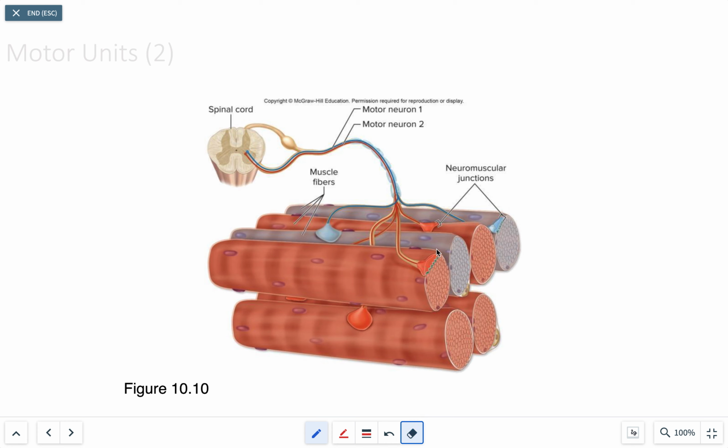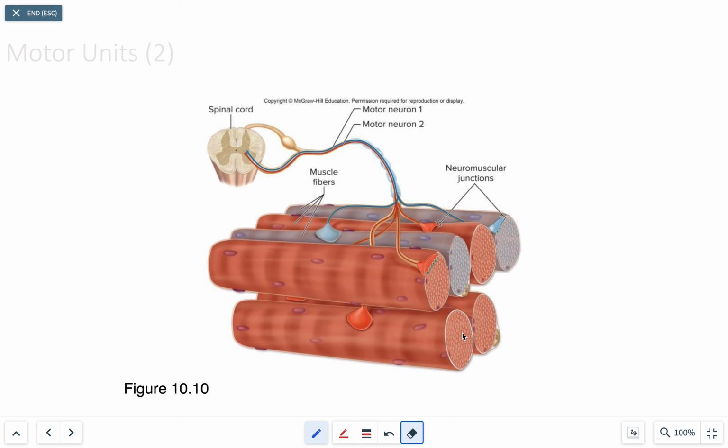So this illustration is showing you an inverse relationship that exists between the size of the motor unit and the degree of control it provides. So for instance, if we were looking at the eye, there'd be one motor neuron coming down that would be attached to, say, 4 different muscle fibers.